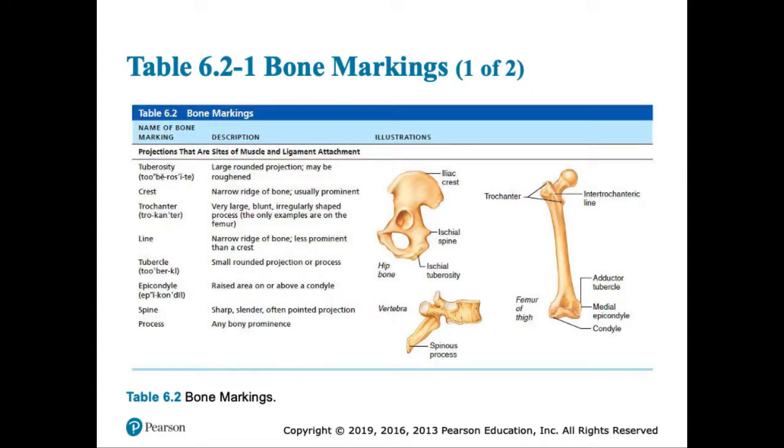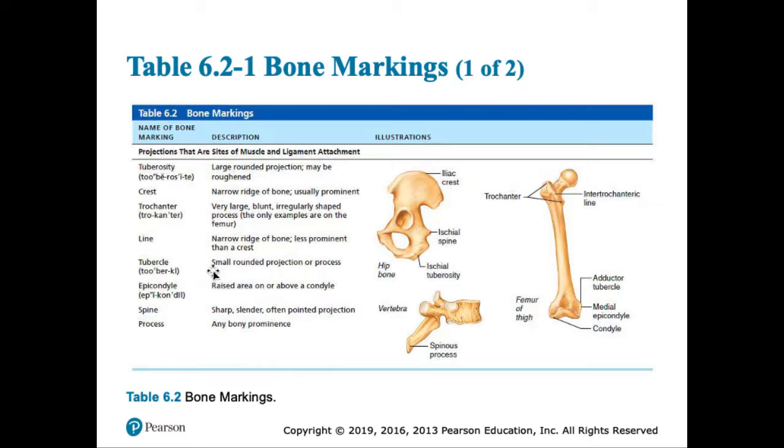There's also an important feature called bone markings, which are very important. Bone markings are things like the tuberosity, a large rounded projection that may be roughened. Also, there's a crest, which is a narrow ridge of bone, and the trochanters, which are very large, blunt, irregularly shaped processes.